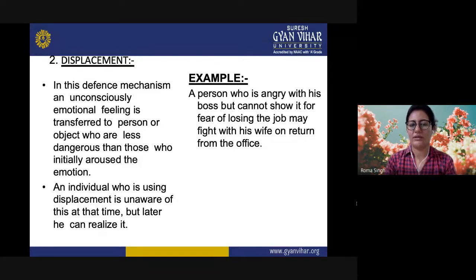For example, a person who is angry with his boss obviously cannot just show his anger to the boss, for fear of losing the job, but in return he fights with his wife, or takes out his anger on his family when he returns from the office.